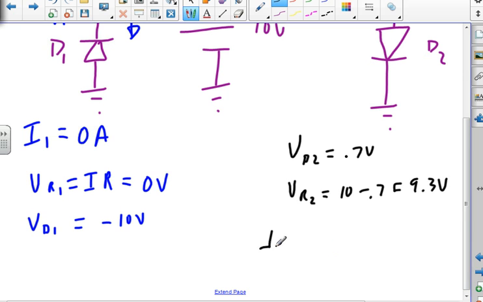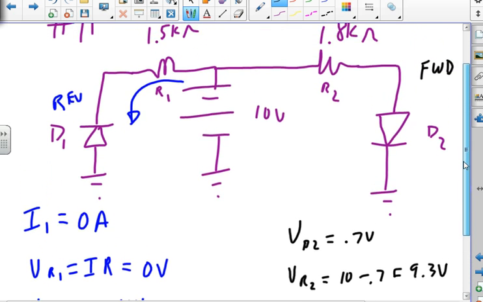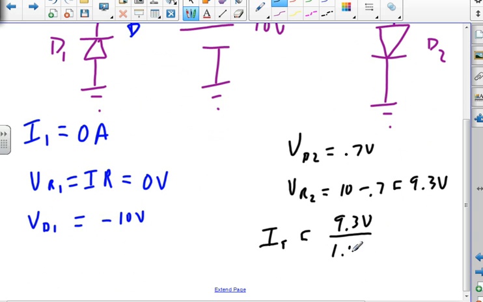Total current is the voltage, 9.3 volts, divided by the resistance, R2, 1.8K. At that point, we would break out our calculator and put some numbers in it. So 9.3 divided by 1800. And I'd come up with 5.2 milliamps.